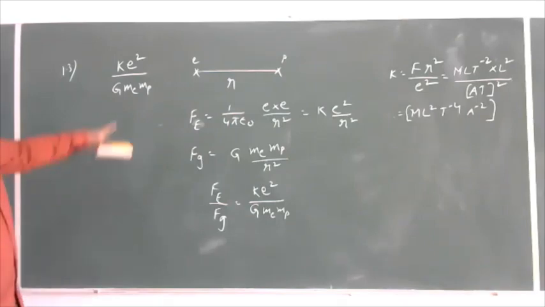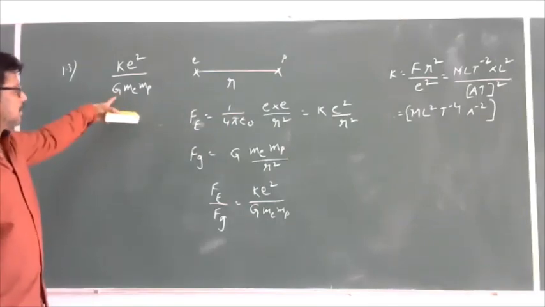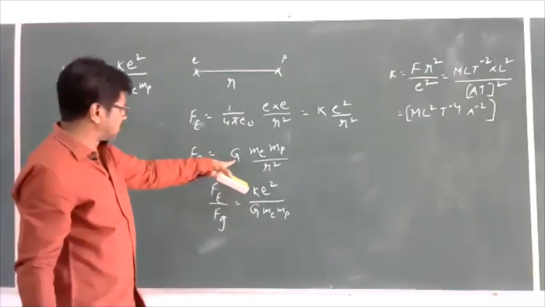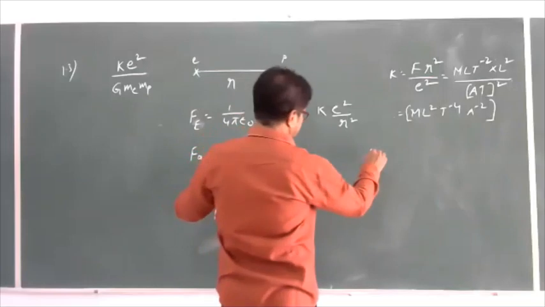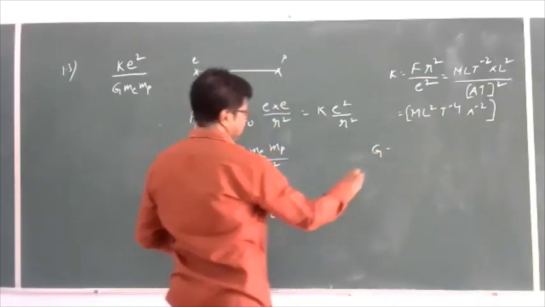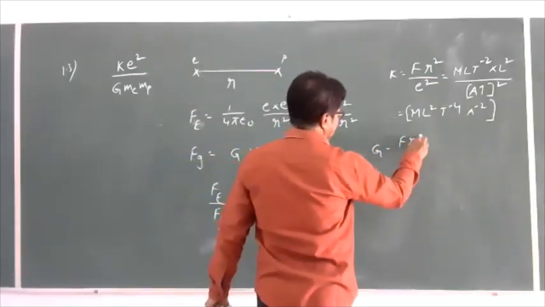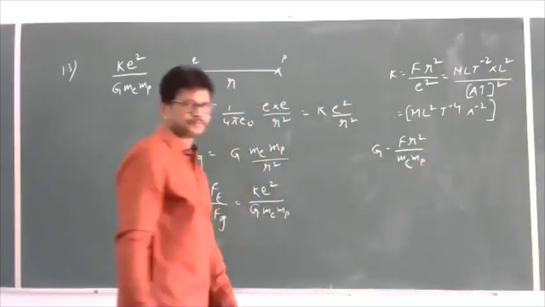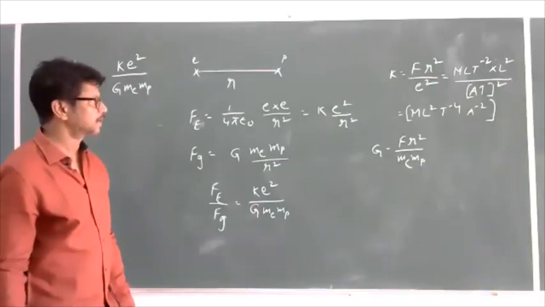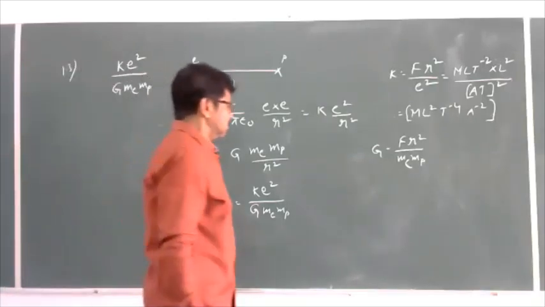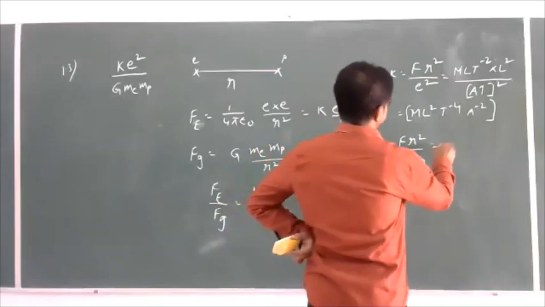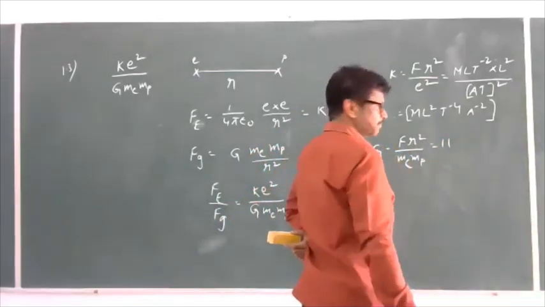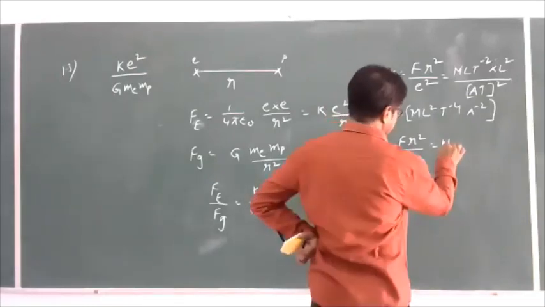Next, G. What is the dimensional formula for G? From this equation I will write G is equal to F r square by me mp. Now, F is nothing but the force.